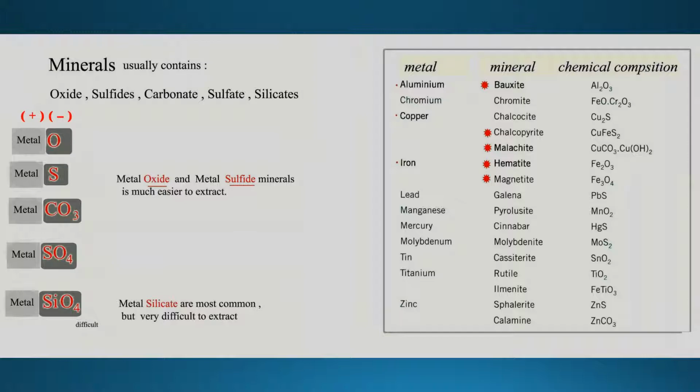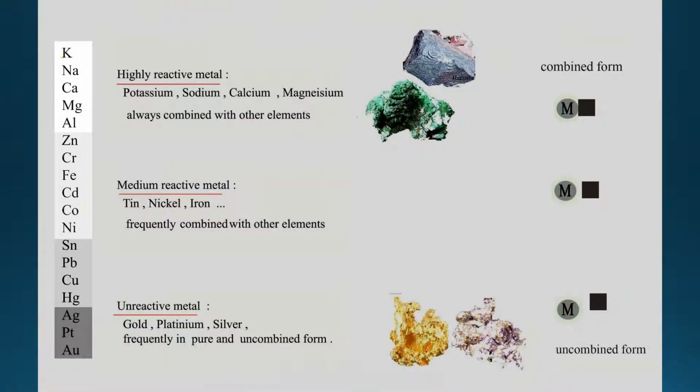Now let's go further. On this extraction process, you see the metal of this activity series affects how they bind together. On the top of the activity series, they always bind very tightly.